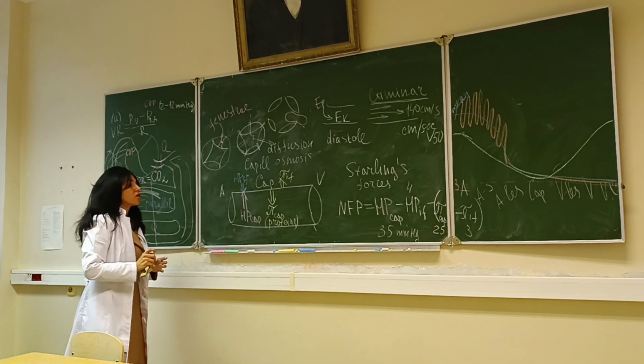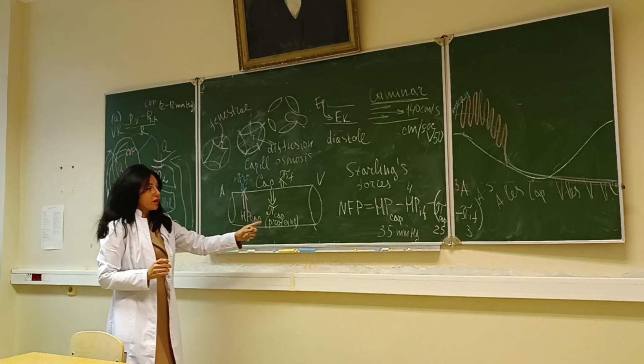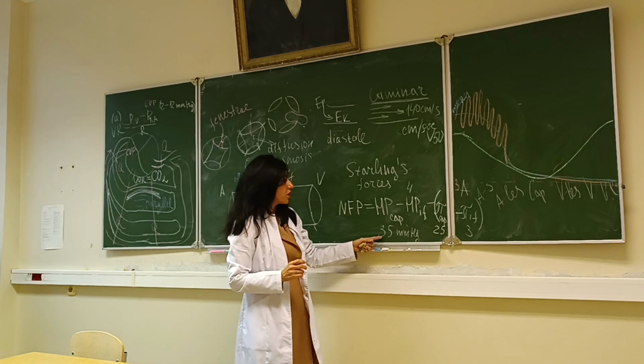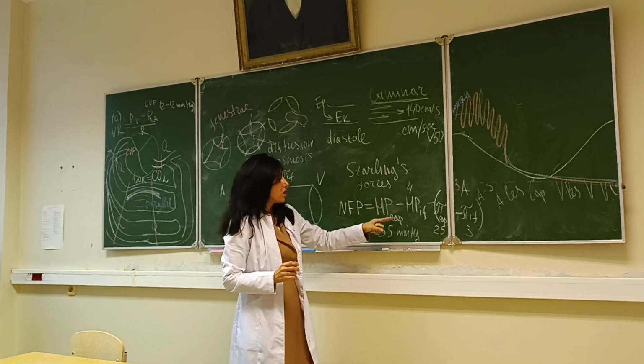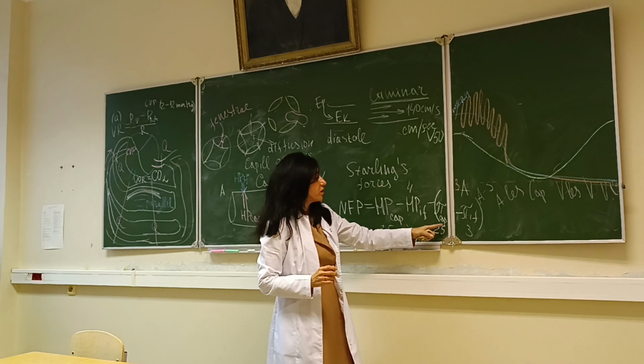We calculate the result: 35 minus 4 minus 25 plus 3.